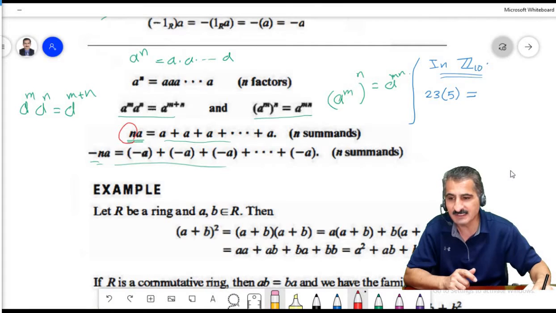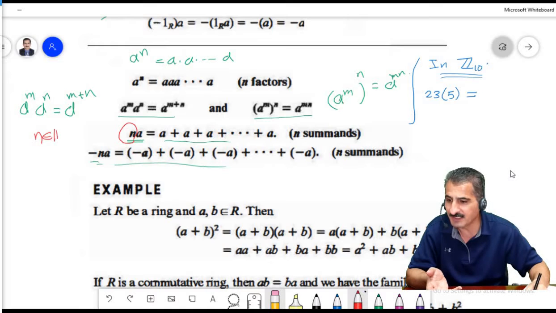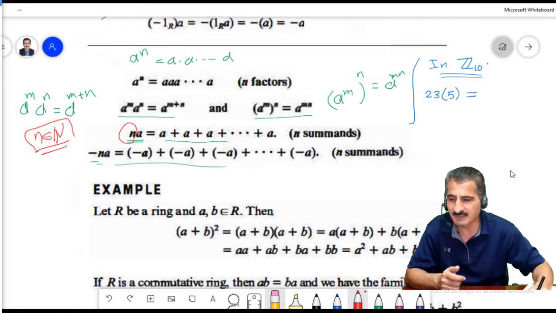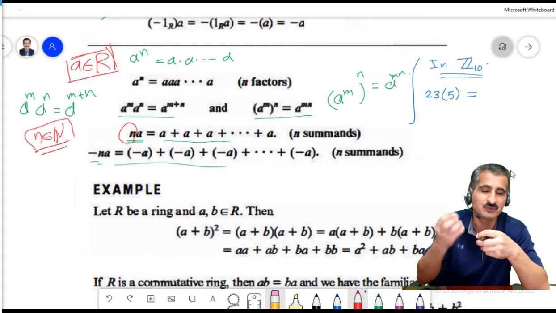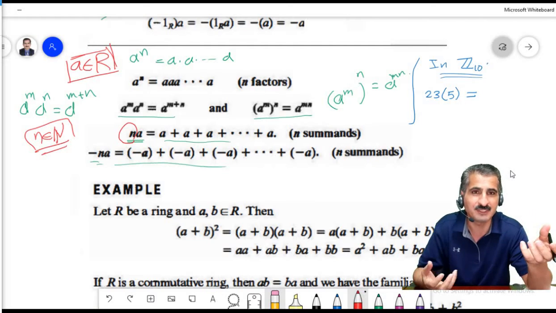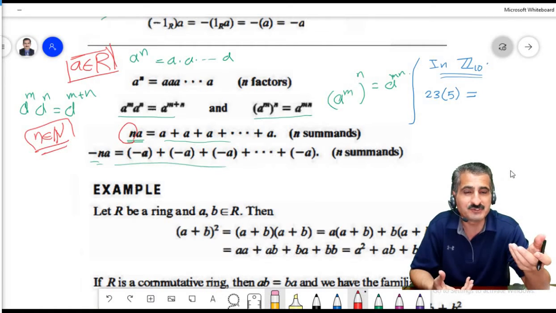So this n is a natural number, okay? But the element A is an element of the ring. So here we are not making an operation between a natural number and an element in the ring. That does not make sense, because the ring comes with its own operation.